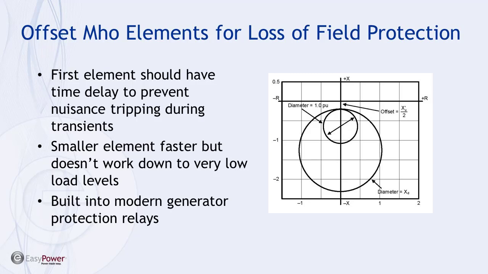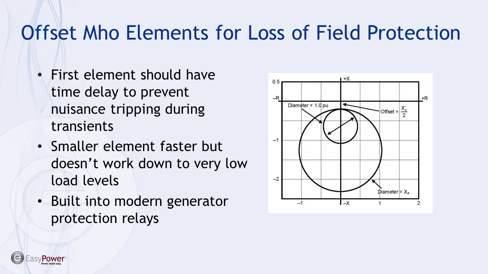This first element is going to have some kind of time delay. If the combination of R and X seen by the generator gets into this region, it's going to trip. As we have transients, we can briefly tip into this circle, so we want to put a time delay, a tenth of a second or something like that, on this outer circle.